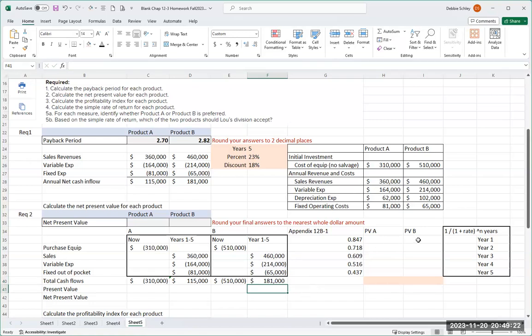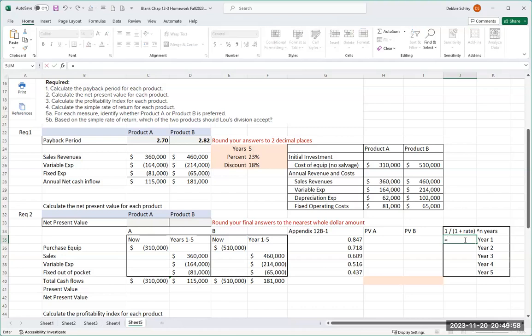Okay, so if I go to Appendix 12B-1, these are the numbers that are there. But just to show you, because I went earlier and copied those numbers for my discount rate of 18% for 5 years, years 1 through 5, 1, 2, 3, 4, 5. So over here, I'm going to do 1 divided by 1 plus the rate raised to the value of the years.